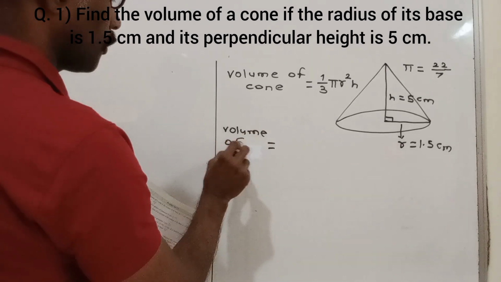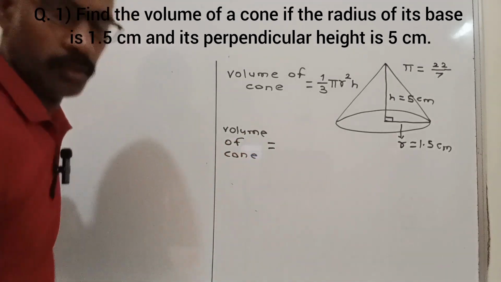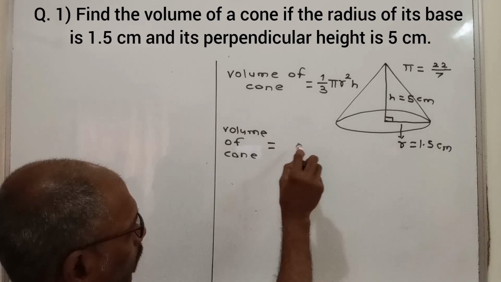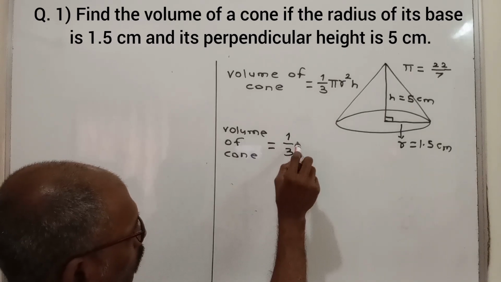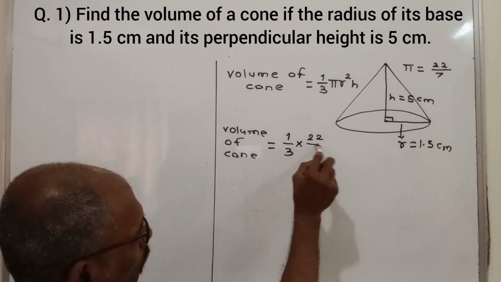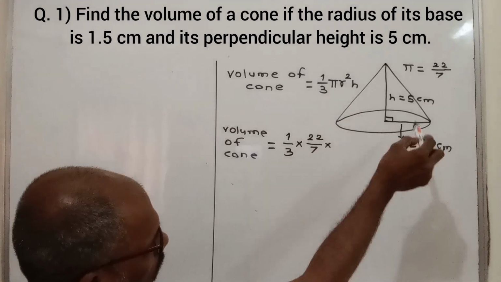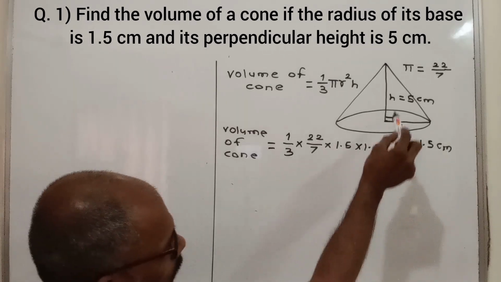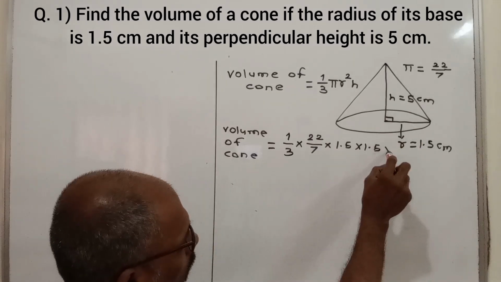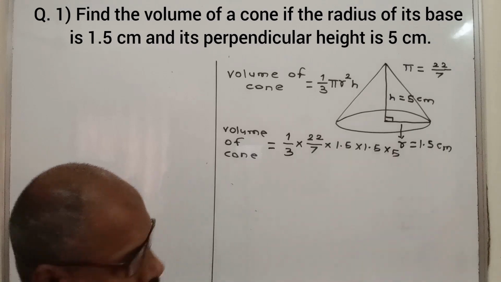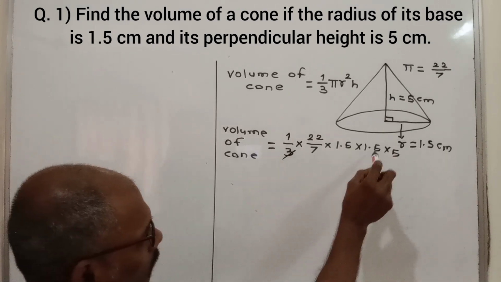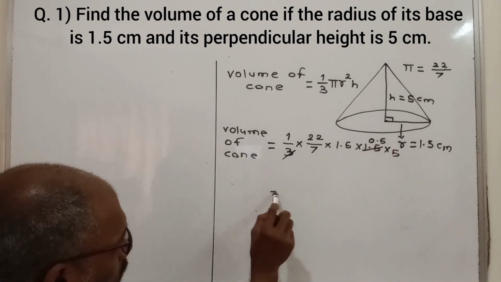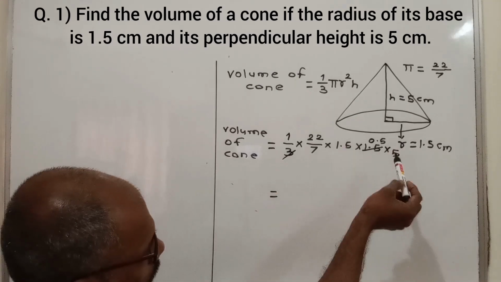Volume of cone is equal to, we put values of pi, then r and h: 1 upon 3 into 22 upon 7 into r, the value of r is 1.5, into h, the value of h is 5. Okay, 3 5s are 15.